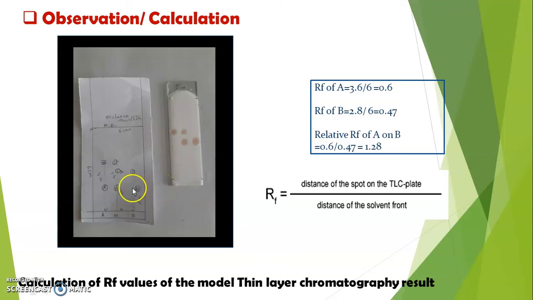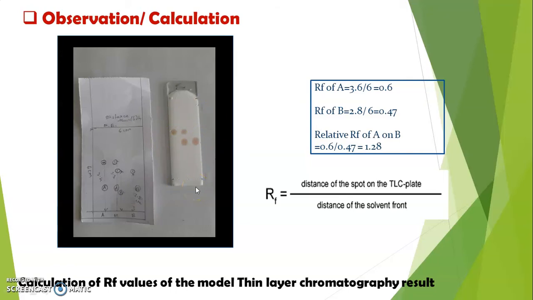We spotted the TLC plate, and whatever measurements we have drawn on the papers, in this way we got our observation for today's practical of separation of a mixture of sugars by TLC.